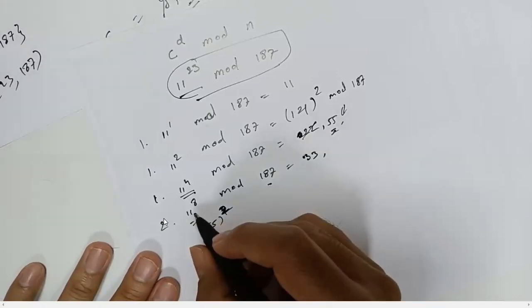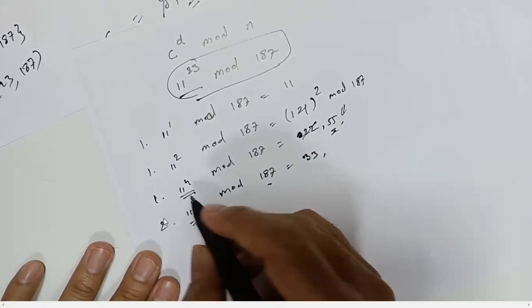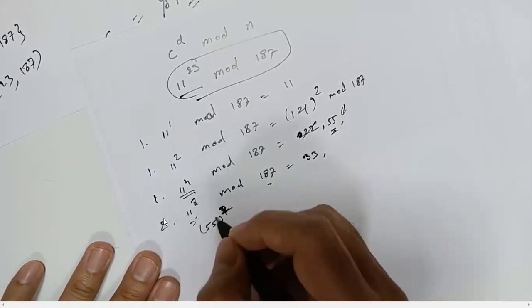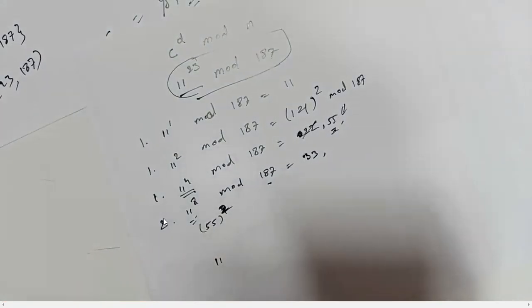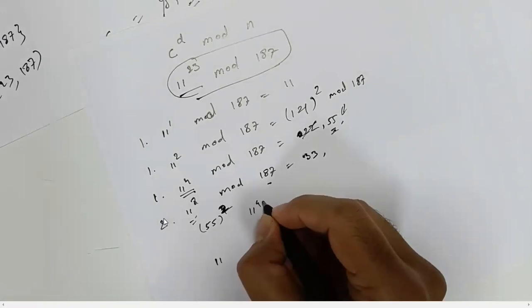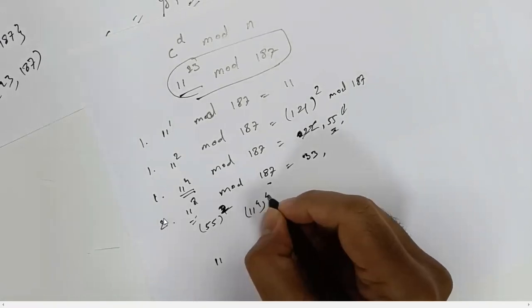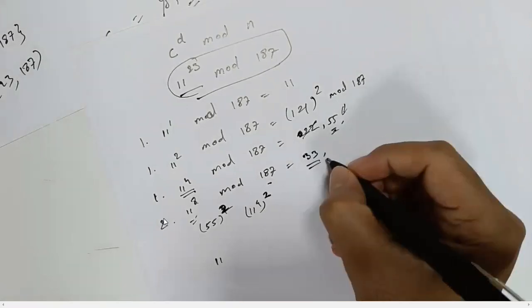So for 11 raised to 8, I'm confused now. It is 33. Answer is 33 for the last part. Yeah, this is correct.